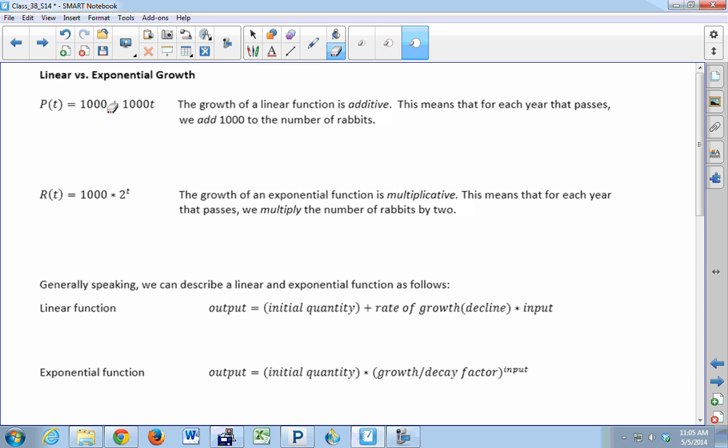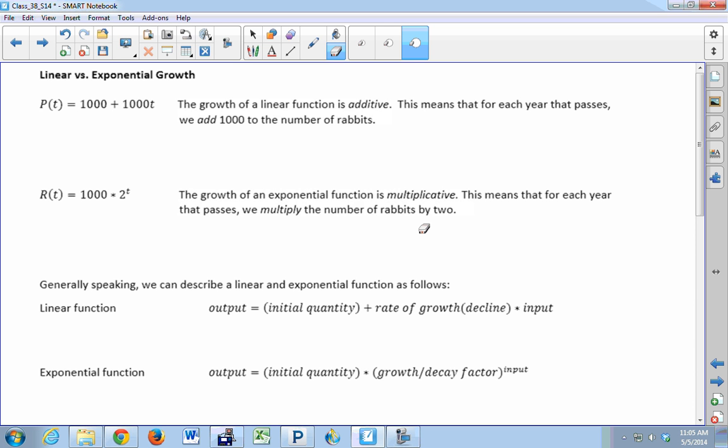So it's additive. Now, if we had a negative slope, we would be subtracting that constant, but we still call it additive because remember, subtraction can be rewritten as addition of the opposite. So when you add or subtract an amount each year or each time period or whatever the independent variable happens to be, it's called additive.